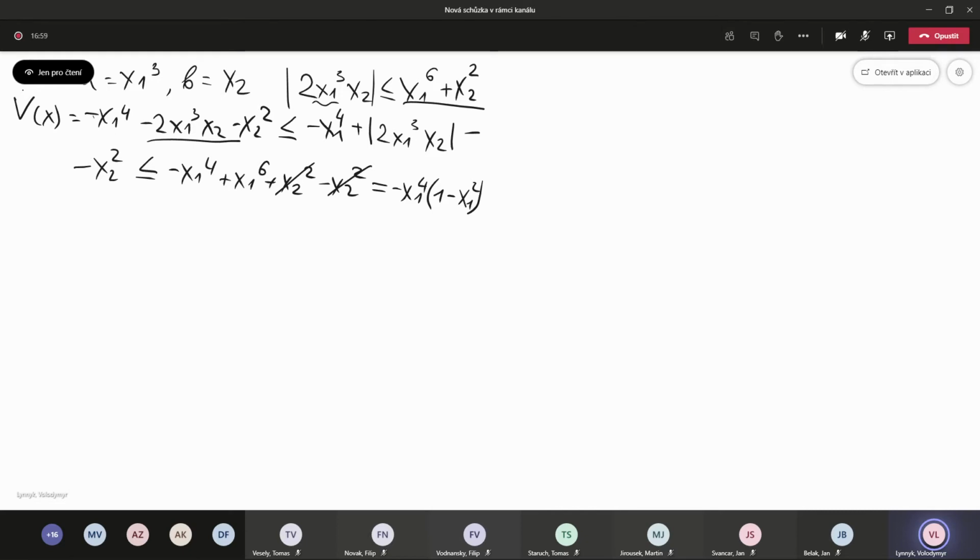And this is less than or equal to 0 for x1 less or equal to 1.